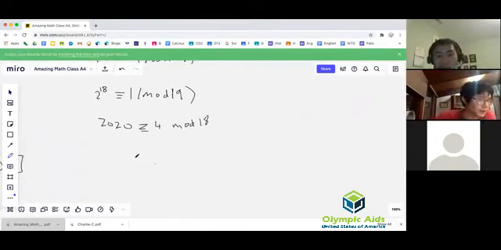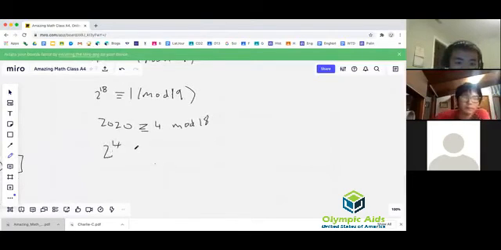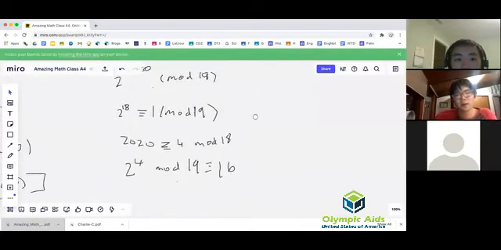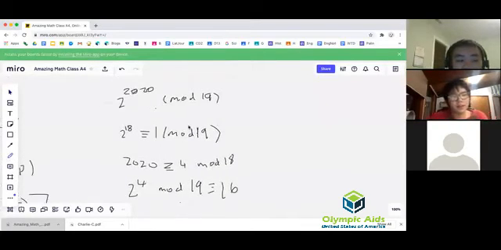So then you want 2 to the 4 mod 19, which would be 16. Right? Okay. So basically the idea here is you find the totient and you just take the exponent mod the totient, and then you get something that's really easy to calculate.